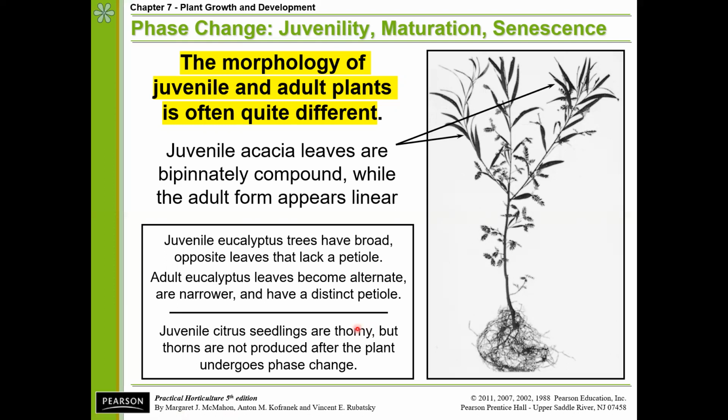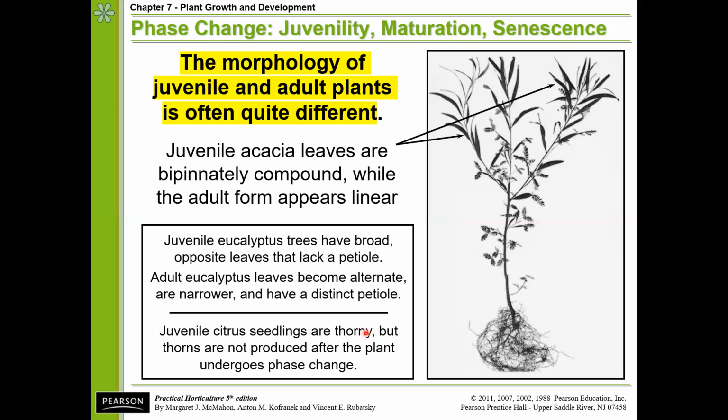In this case, there's an image of an acacia tree, native to desert areas, and sometimes used as an agricultural plant. When they're young, they have this bipinnate leaf, and when they're old, they get a more linear leaf. So they can change dramatically, and that's important for plant identification. What does it look like when it's young versus when it gets into its adult phase?